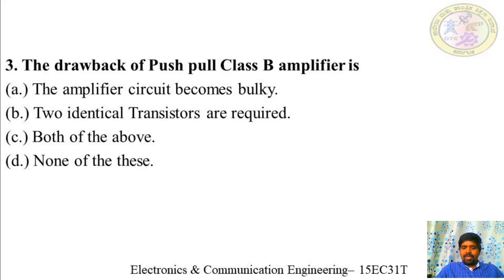Yes, in a class B amplifier, transformers are present, so obviously it will be bulky. And two identical transistors are required. Yes, that is also correct. So the right answer is both of the above.